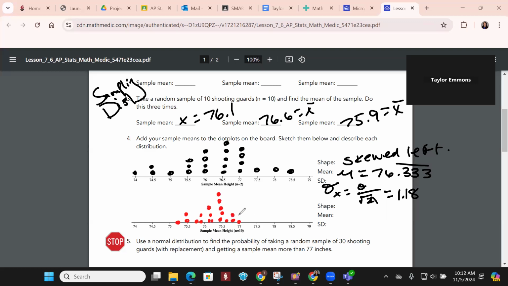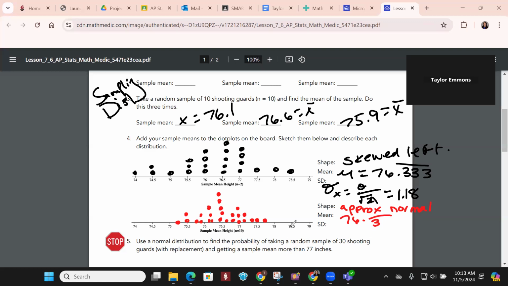Okay, this one is going to be closer to approximately normal. Okay, and the mean is still the same, 76.3 repeating.